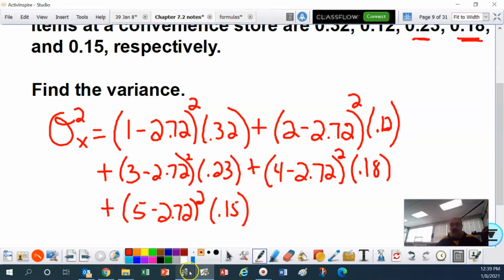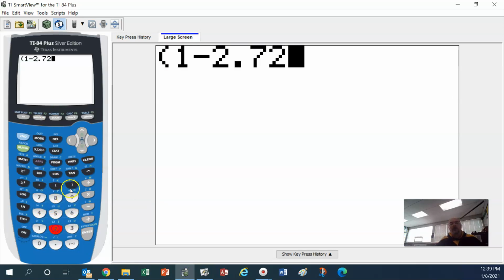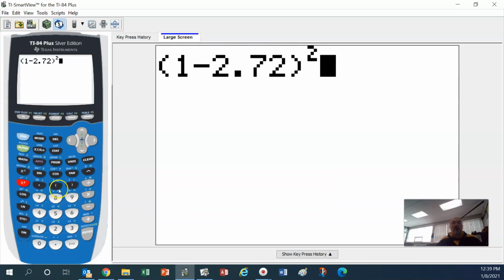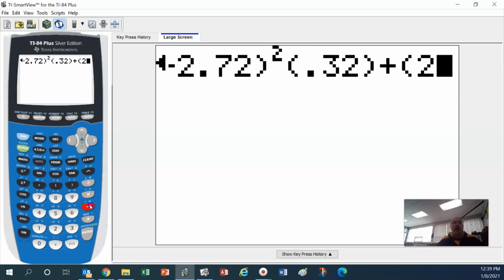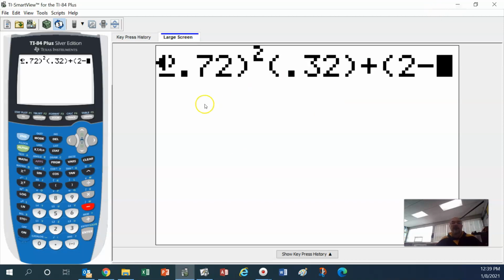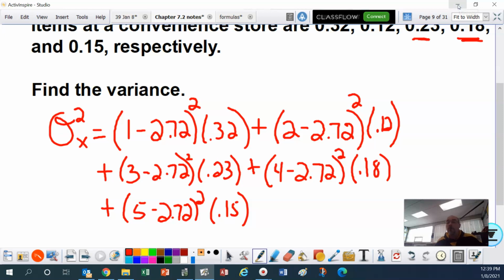So yes, ladies and gentlemen, you're going to have to do this. You're going to have to go parentheses 1 minus 2.72, close it, squared, times, let's see, what is it again? 0.32. Close it, plus parentheses. Okay, I'm not going to do this the whole way. 2 minus, all right? So yes, you got to type it in all like that on your calculator and hope you don't mess up.